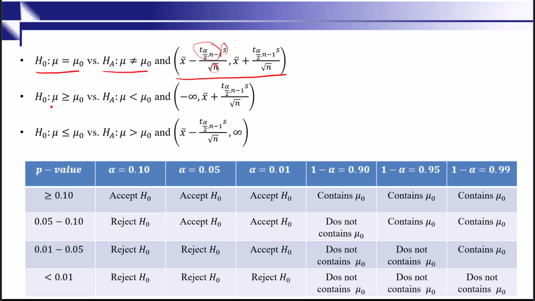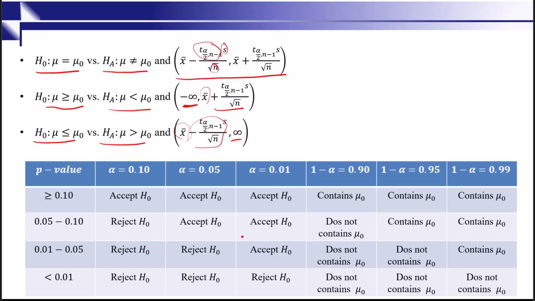The second case is one-sided: the null hypothesis says mu is greater than or equal to mu0, and the alternative is the other side. So it runs from minus infinity to x bar plus this value. Then the third case is when the null hypothesis is mu less than or equal to mu0 and the alternative hypothesis says mu is greater than mu0, then x bar minus this value and plus infinity.